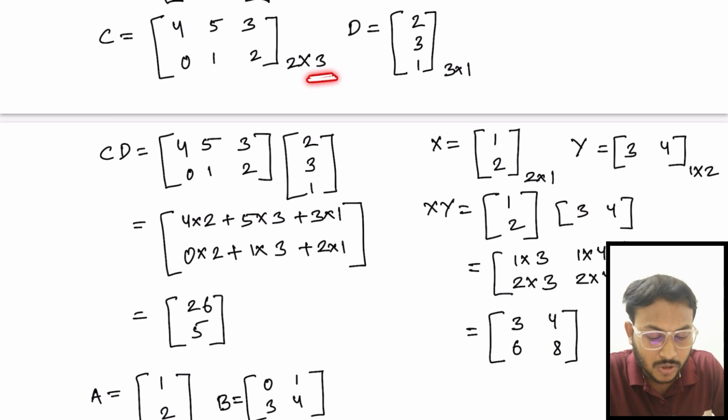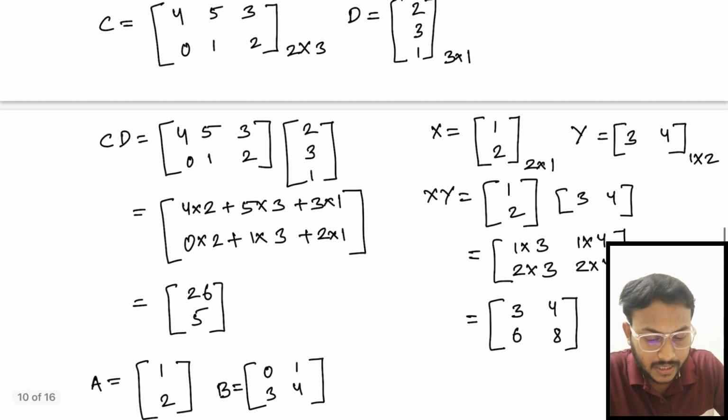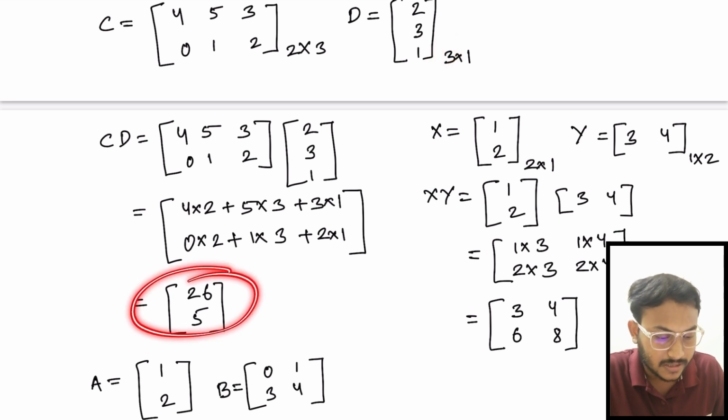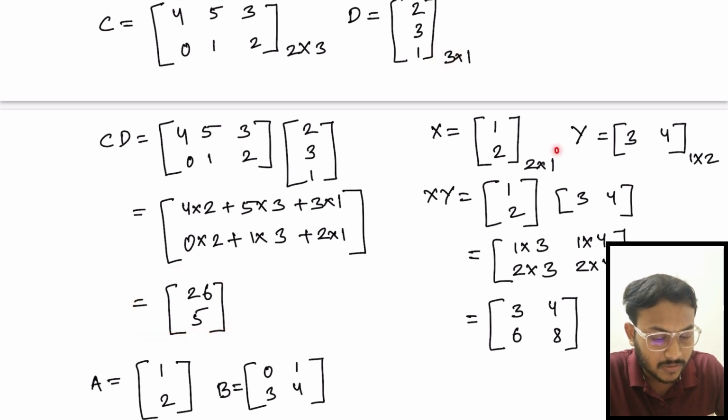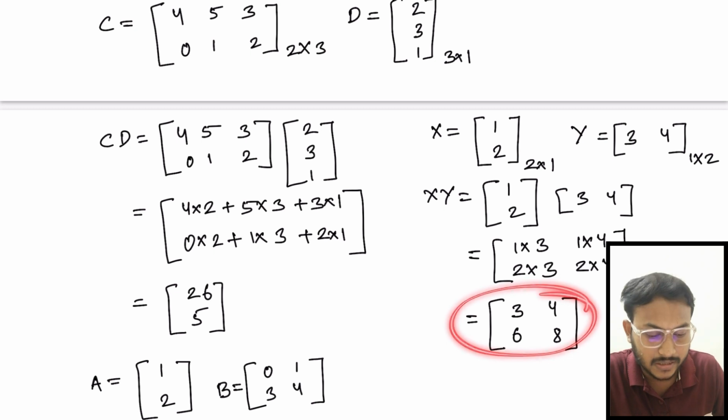If the number of columns of the first matrix is equal to the number of rows of the second matrix, then matrix multiplication will be defined. Here the number of columns of the first matrix and the number of rows of the second matrix are equal, therefore we got the result.